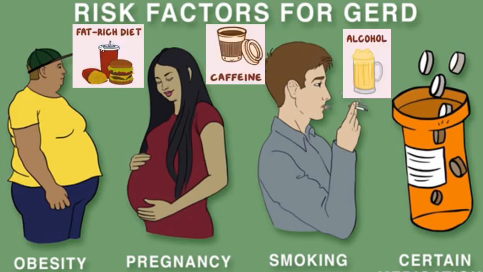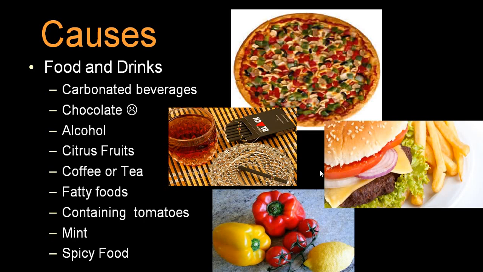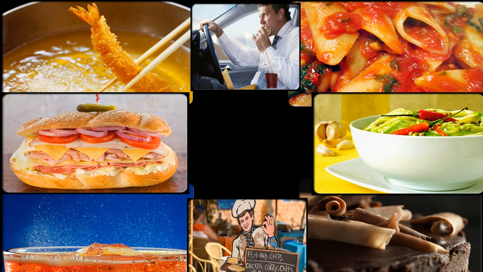We already mentioned excessive fat, caffeine, pregnancy, obesity, alcohol, smoking, and certain drugs which relax the lower esophageal sphincter like calcium channel blockers, nitrates, etc. Among food, we have already mentioned carbonated beverages, chocolates, alcohol, citrus fruits, caffeine containing material like coffee and tea, excessive fatty meals, tomatoes, mint, and spicy foods. You should even include tobacco.